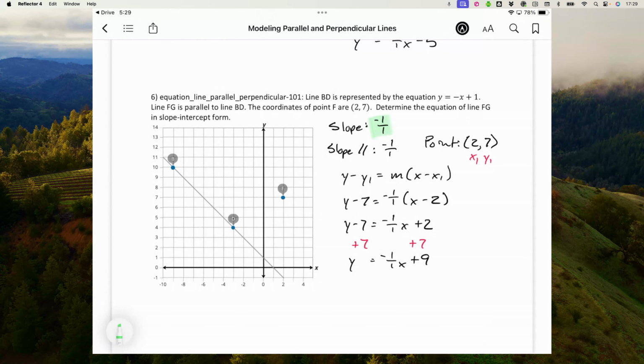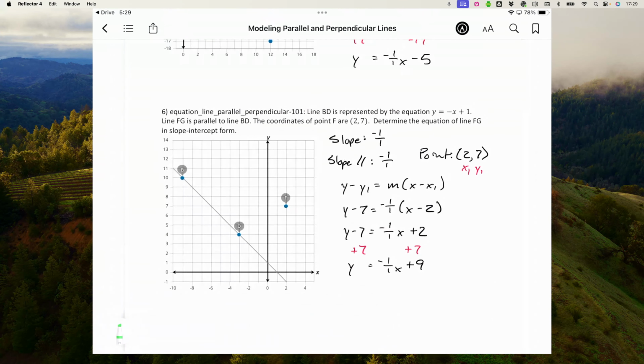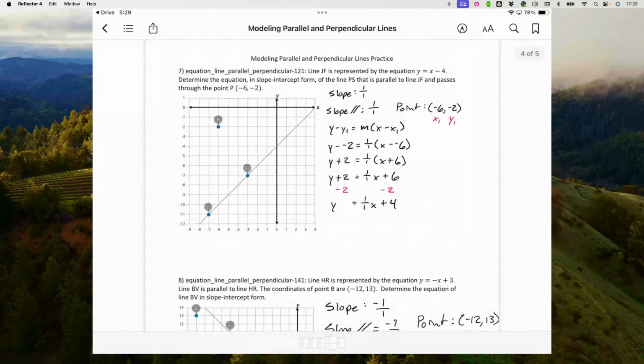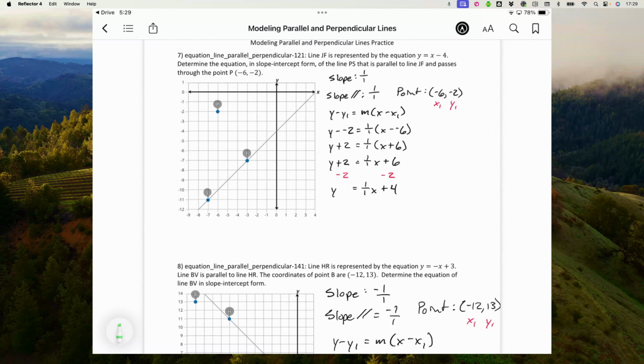We are asked here to do a line that is parallel. That would mean that these two slopes would be identical, like they are. You can see the work for point and slope form is written out there for you. Next, being very careful if it's perpendicular or parallel. This one's going to be parallel, so the slopes would be the same.